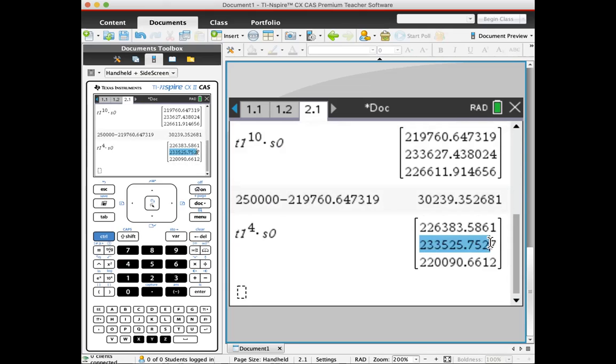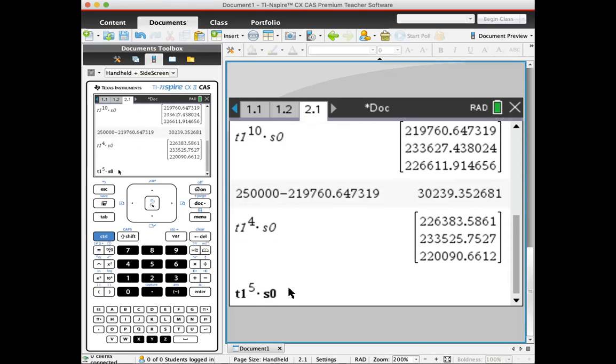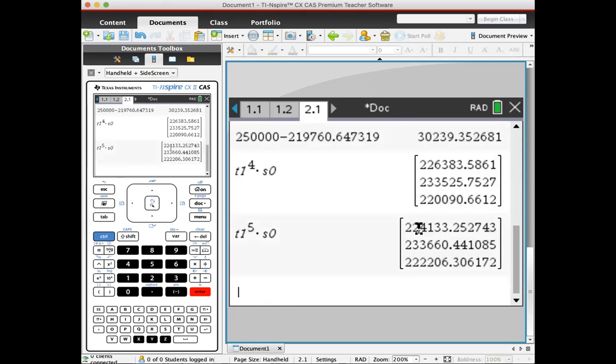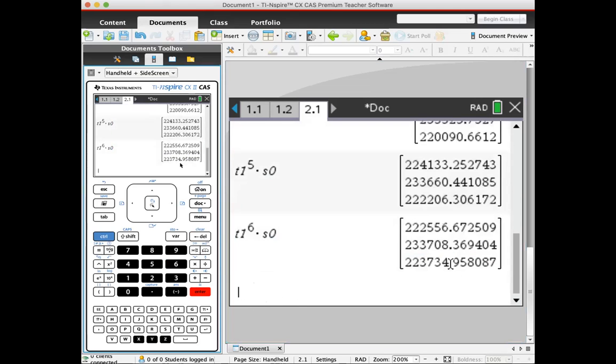The middle entry. Then we calculate T1 to the power of 5 times S0. Control enter. You can see, compare these two numbers, the number is slightly higher than the previous one. 3525, 3660, okay? Keep going, T1 to the power of 6 times S0. Control enter. Yes, this number is again slightly higher than the previous one.